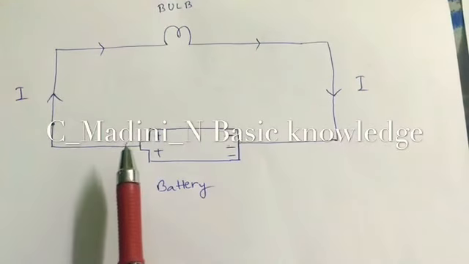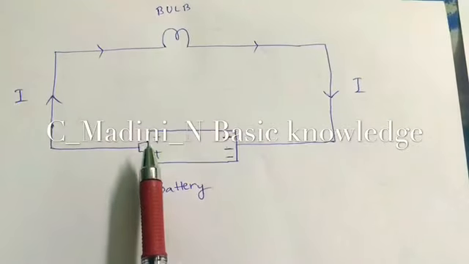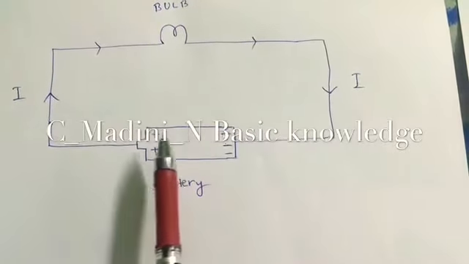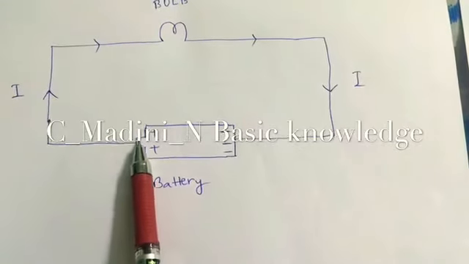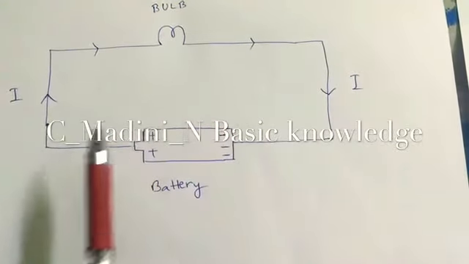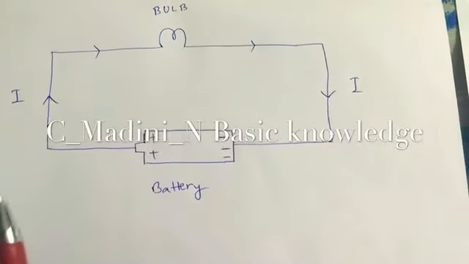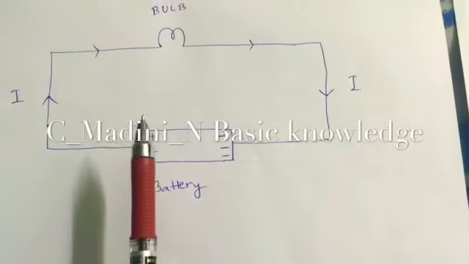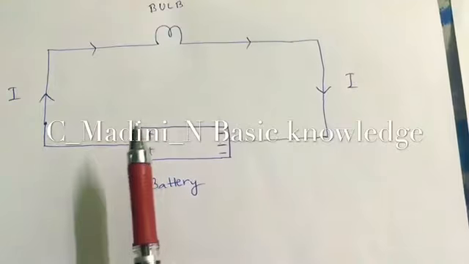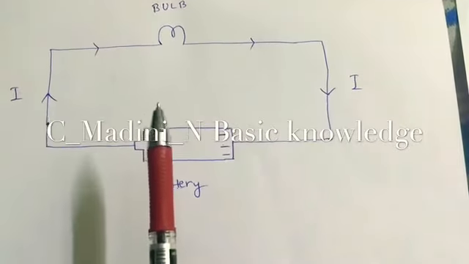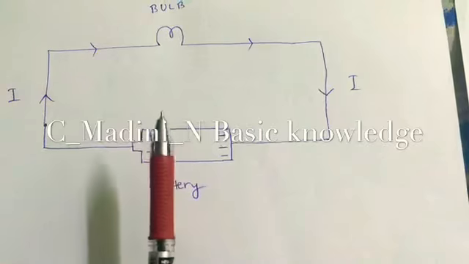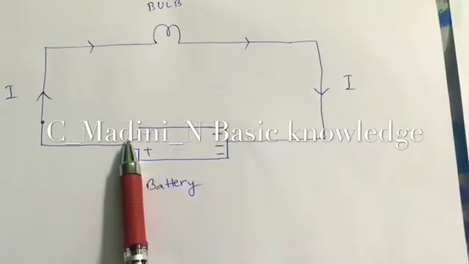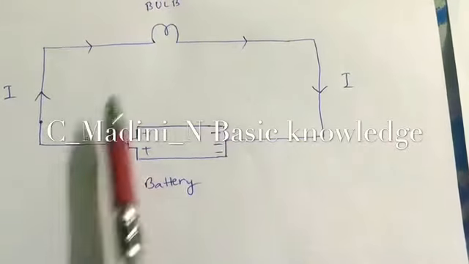Let us assume that the positive charge is moving from the positive end to the negative end. In actual sense, the positive charge does not move; the holes, or voids, actually move. What a hole or void is, you will be able to study in the higher classes. For now, let us just assume that the positive charge is moving from the positive end to the negative end.